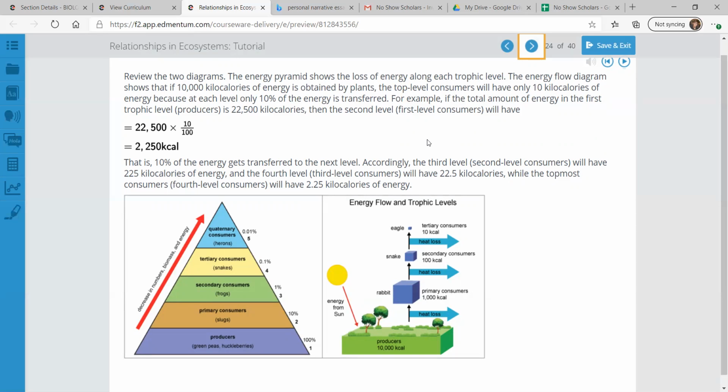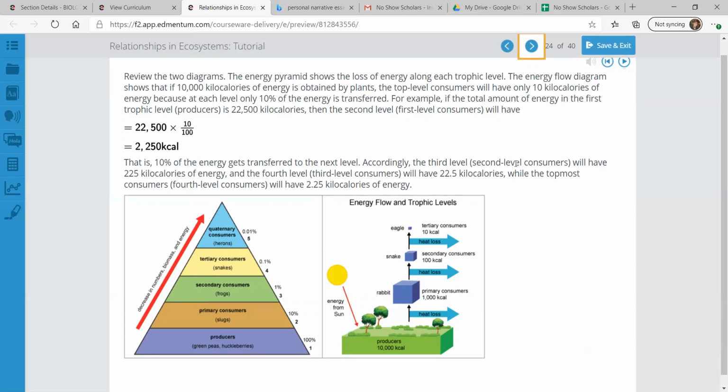For example, if the total amount of energy in that first trophic level, the producers, is 22,500 kilocalories, then the first level consumers will have 10% of that, which is 2,250 kilocalories.